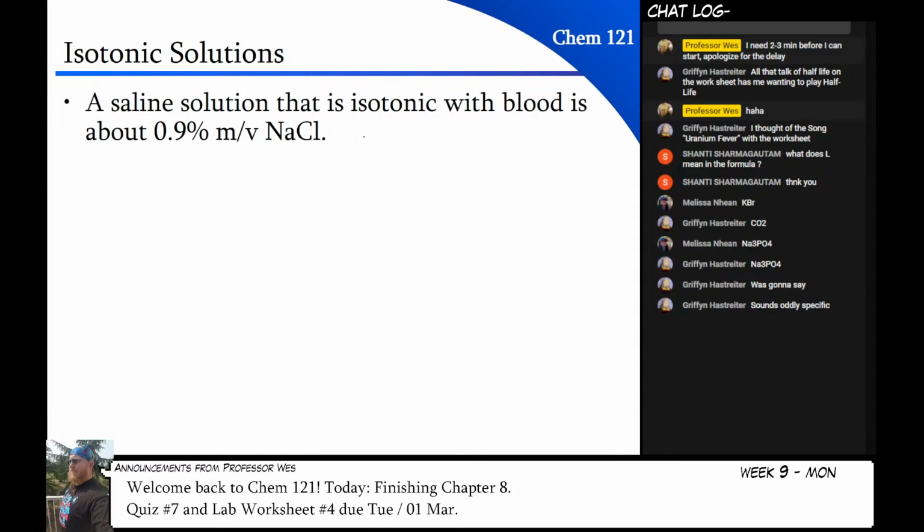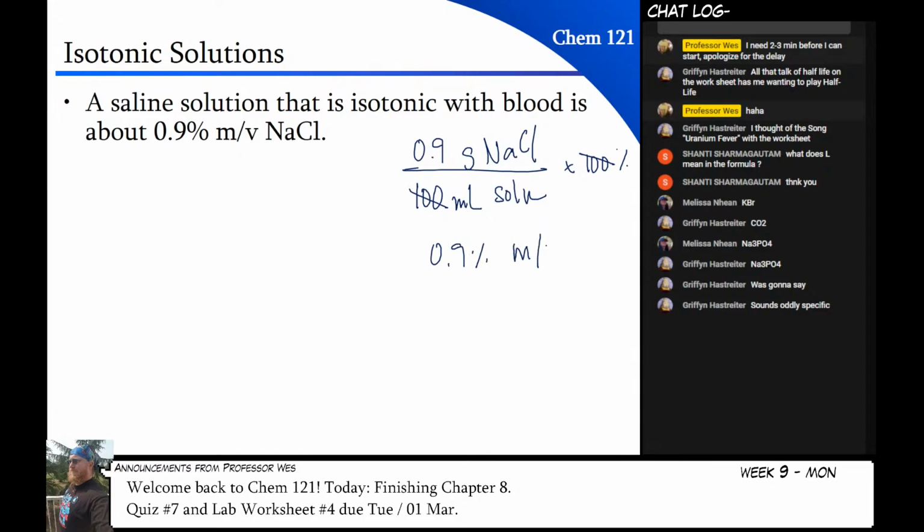Or in other words, to prepare the solution, you would add 0.9 grams of sodium chloride to enough water to prepare 100 milliliters of solution. Then when you times this by 100%, the hundreds just cancel out, and you get 0.9% m/v.